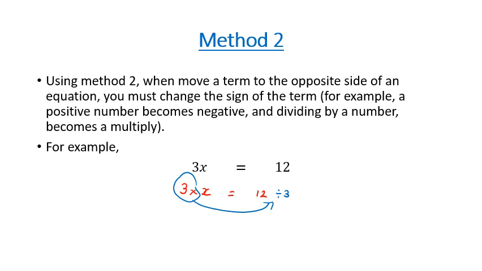So the 3 times x is no longer there. We're just left with x on our left-hand side. On our right-hand side of the equation, we have 12 divided by 3, which is 4. So remember, with method 2, when you move a term to the other side of the equal sign, you must then change it to its inverse operation.